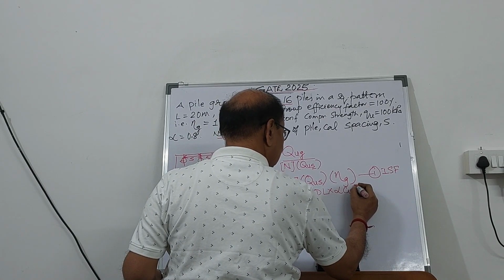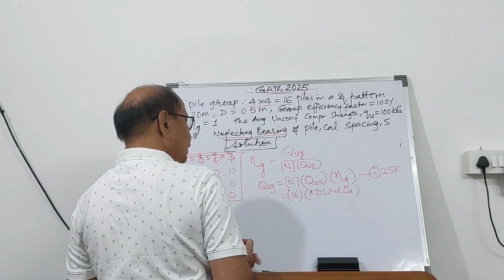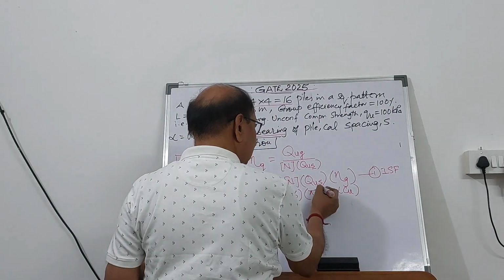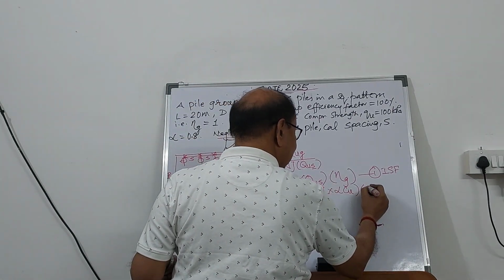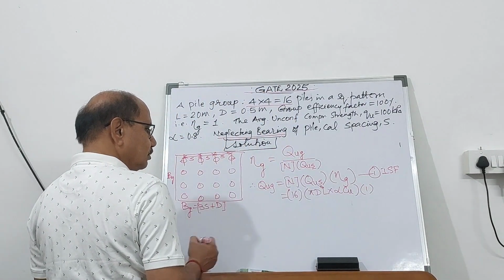Bearing is not to be taken. So pi d L into alpha times Cu is the value for a single pile, and eta g is given to you as 100%, that is 1.